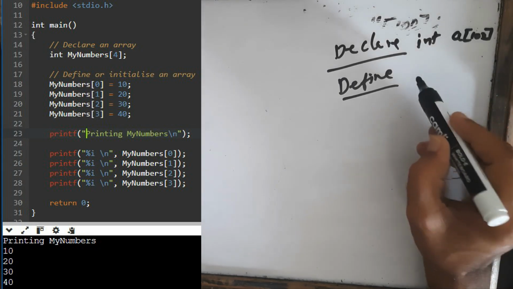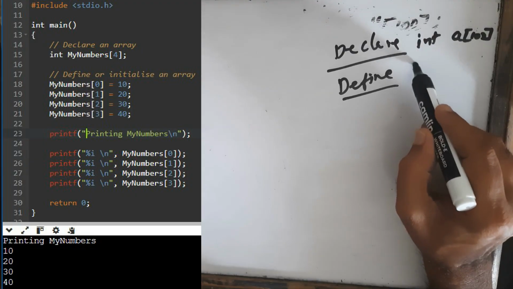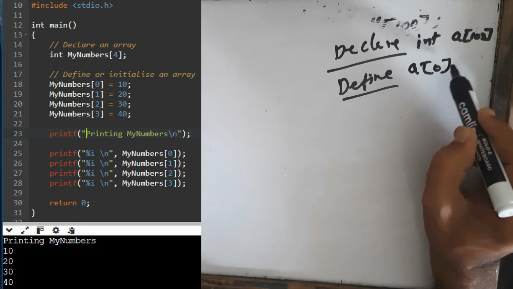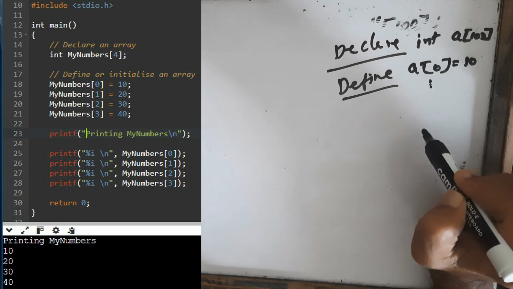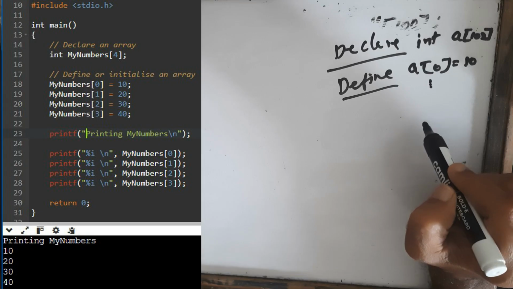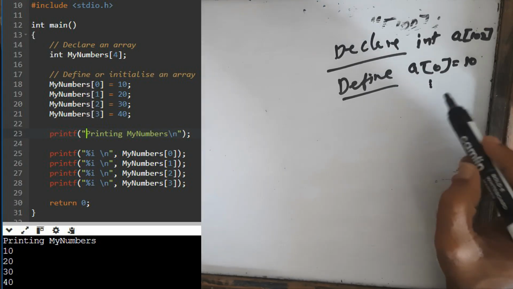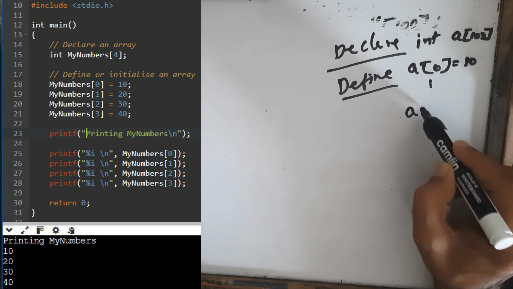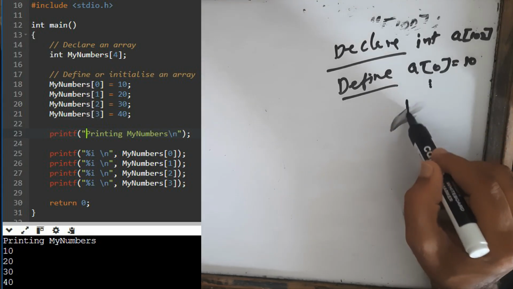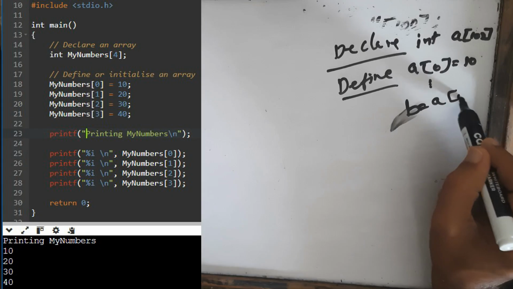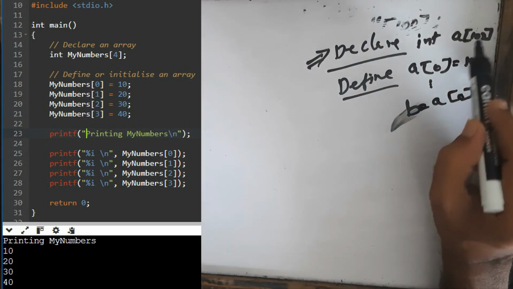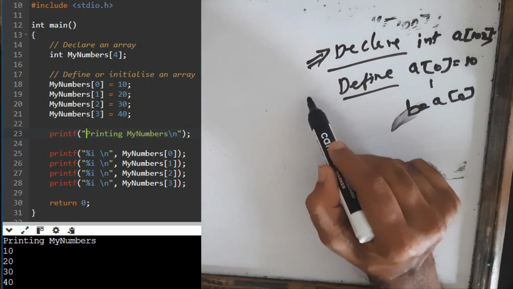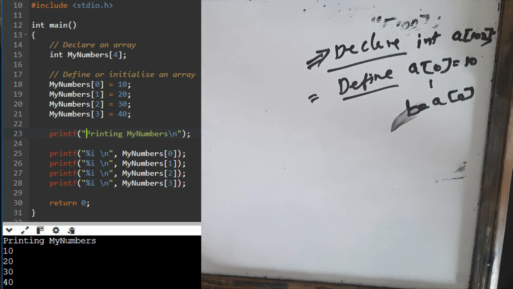This is the declaration, and definition will be like a of 0 is equal to 10, like this we can define. And accessing will be something like b is equal to a of 0. So here you can observe declaring in one line and defining in another line.